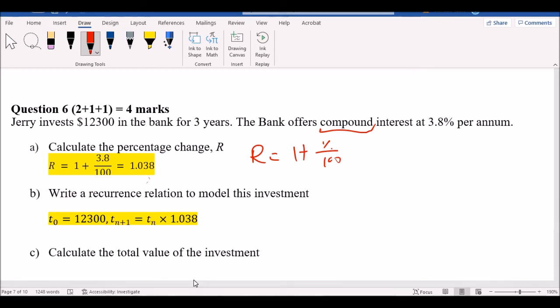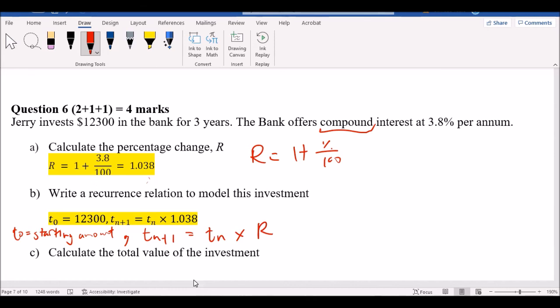Writing your recurrence relation, remember, same thing as the previous. T0, what's that? Starting amount. You don't have to actually write what I'm writing down here in red, but I just want to make a point so that you remember what it is. And separated by comma, Tn plus 1 is equal to Tn times the common ratio.